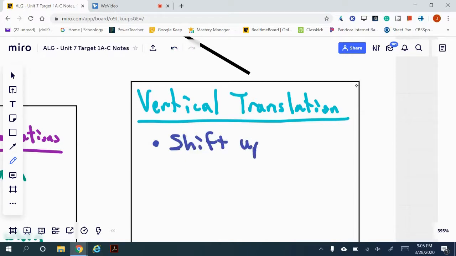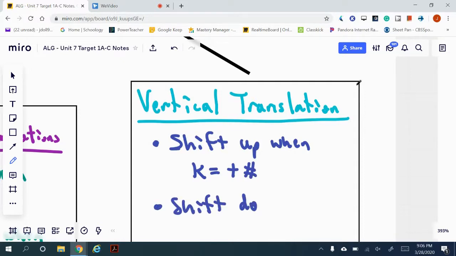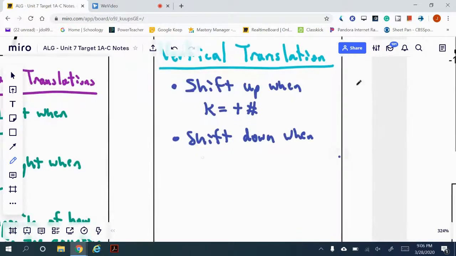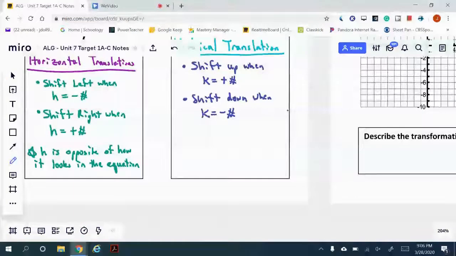We're going to shift up when K is a positive number, and we are going to shift down when K equals a negative number. All right.